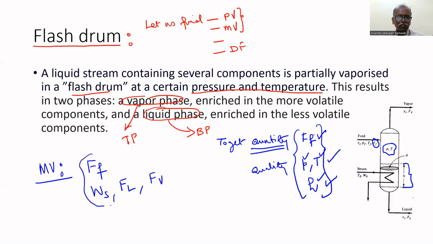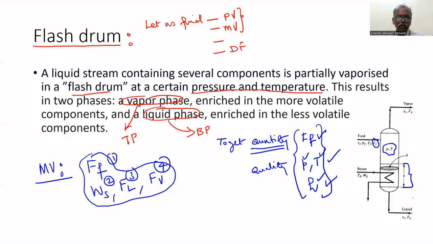These are the 4 manipulated variables that can be used to control these process variables. But how to select, how to relate which manipulated variable? This is 1, 2, 3, 4.